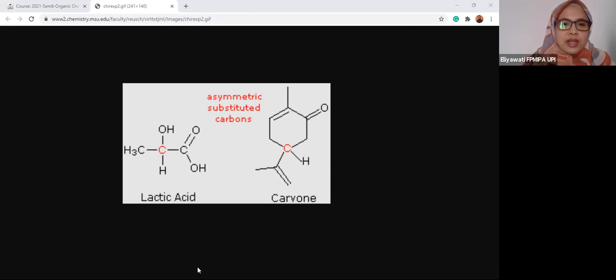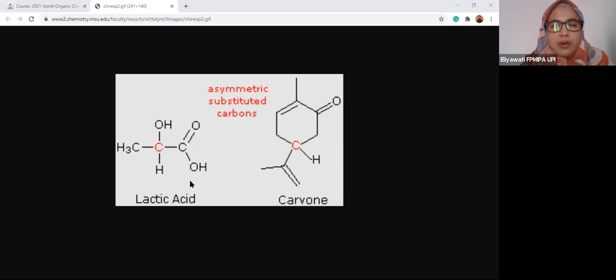The C atom binds with 4 kinds of different groups: a hydroxyl group, an alkyl group, a hydrogen atom and a carboxyl group. So that's why this substance can form what kind of isomer? Optical isomer, if it has an asymmetric carbon atom.